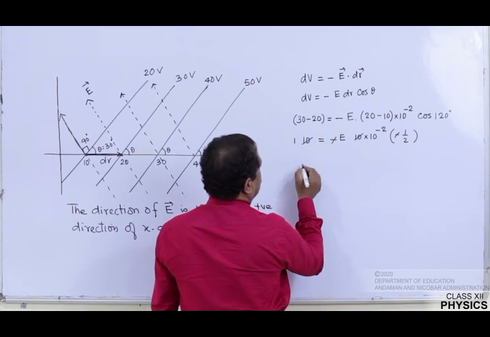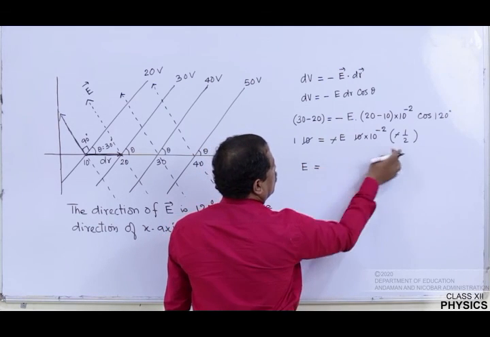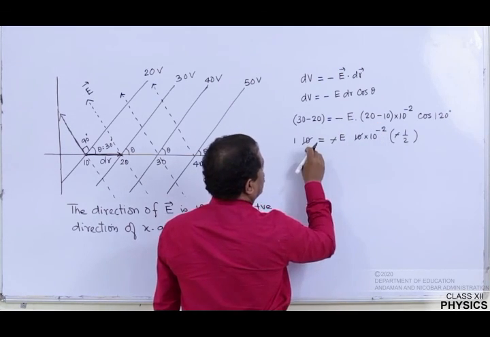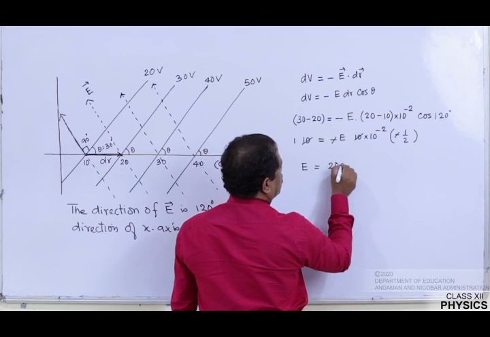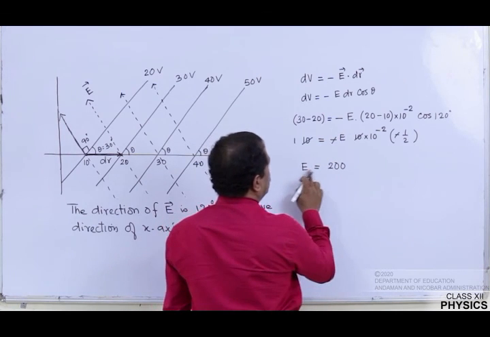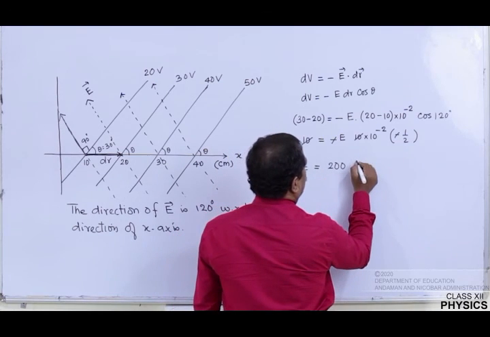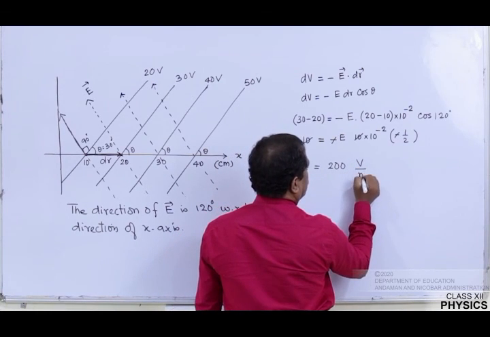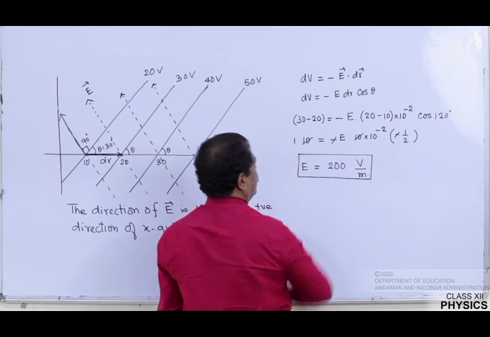If I bring the 2 here, E is equal to 2. Bringing 10 to the power minus 2 from the denominator to the numerator, it becomes 200. So E is equal to 200 volt per meter. This is the value of the electric field.